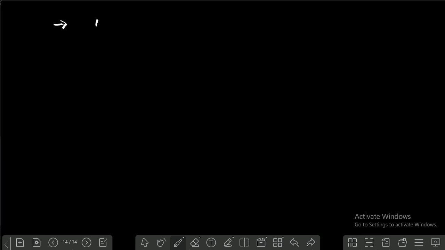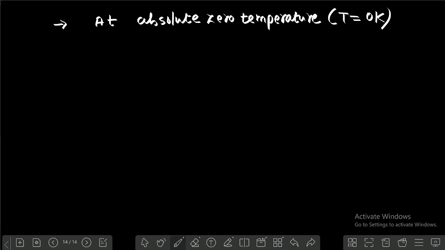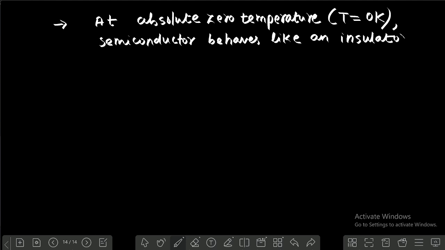At absolute zero temperature, that means T equal to 0 Kelvin, a semiconductor, or intrinsic semiconductor also you can write, behaves like an insulator.